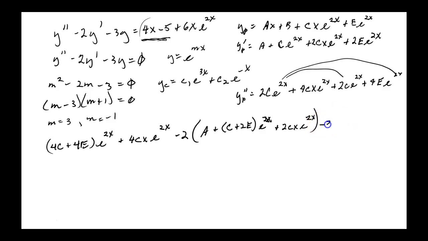Minus 3 times, and we just write down that one, ax plus b plus c x e to the 2x plus e to the 2x. Believe we got it. And that's supposed to equal 4.